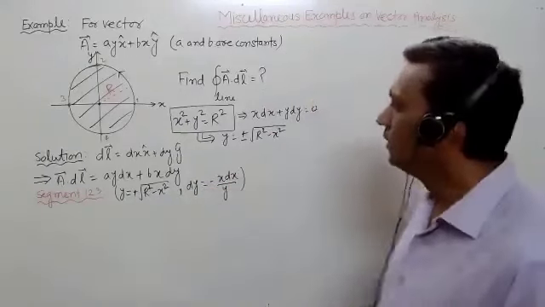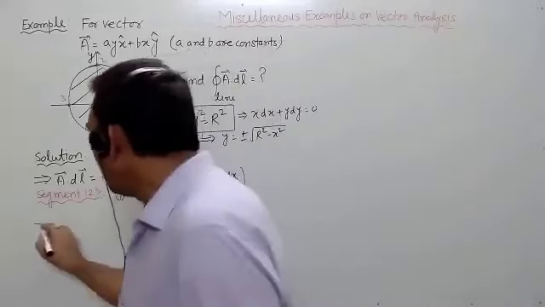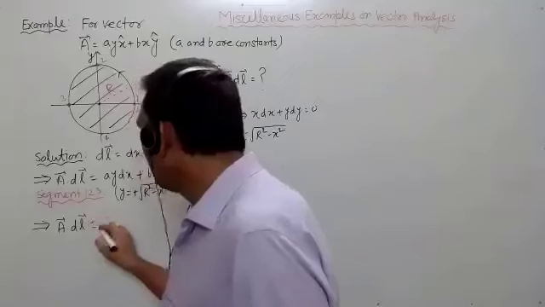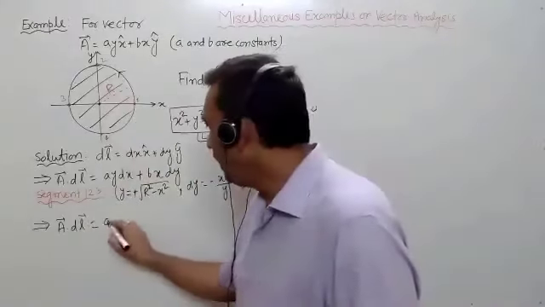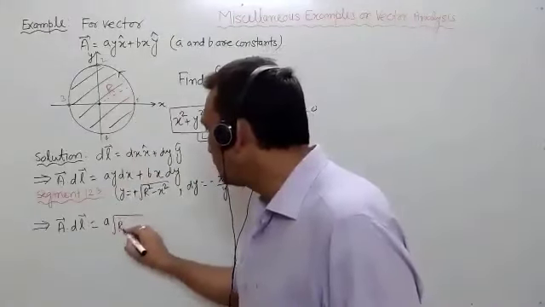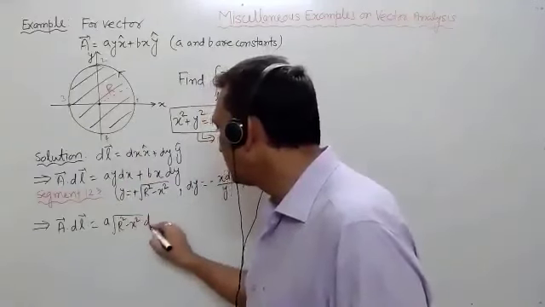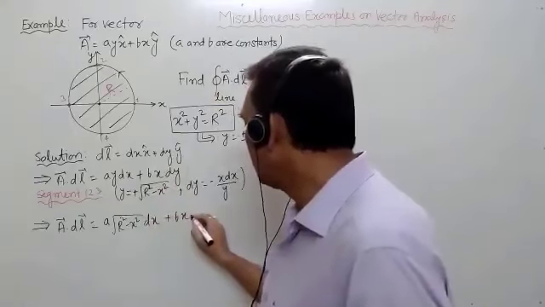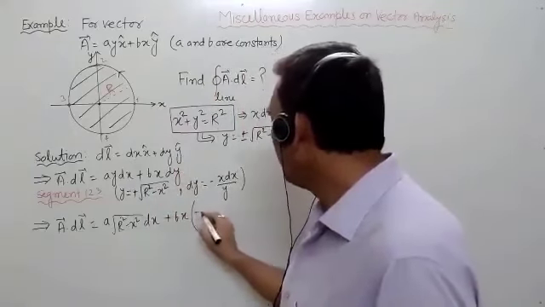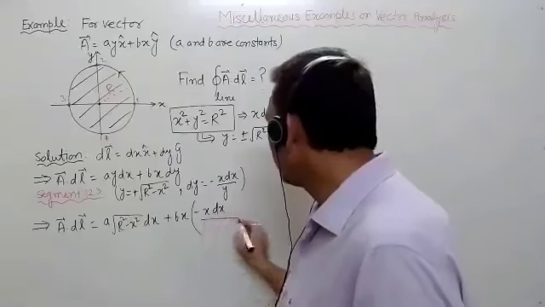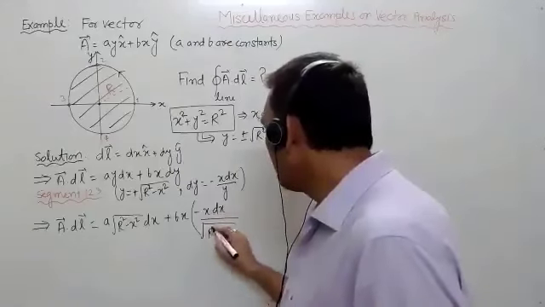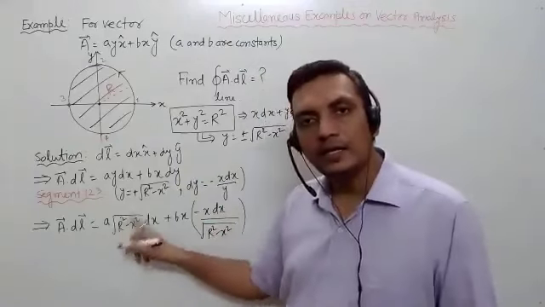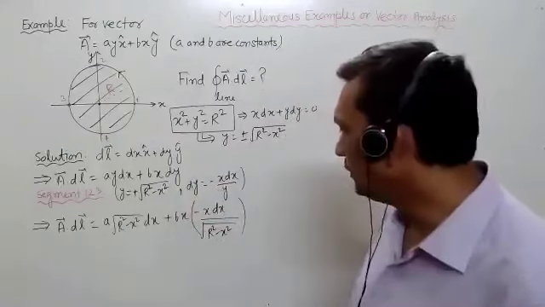So now A dot dl for the upper segment: y is under root r square minus x square, times dx, plus b x, and dy is minus of x dx by y, where y is again root r square minus x square. So you have converted A dot dl in terms of x only.